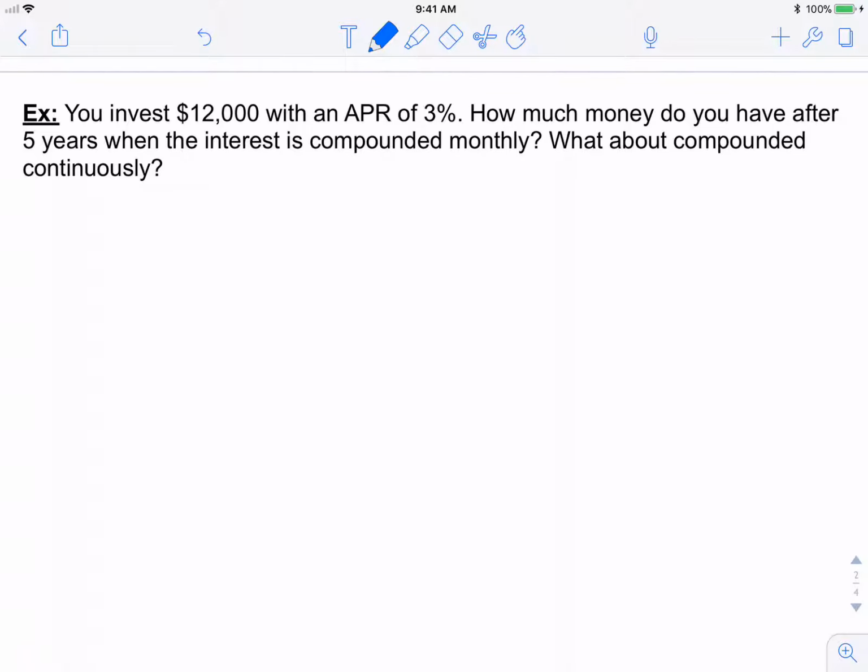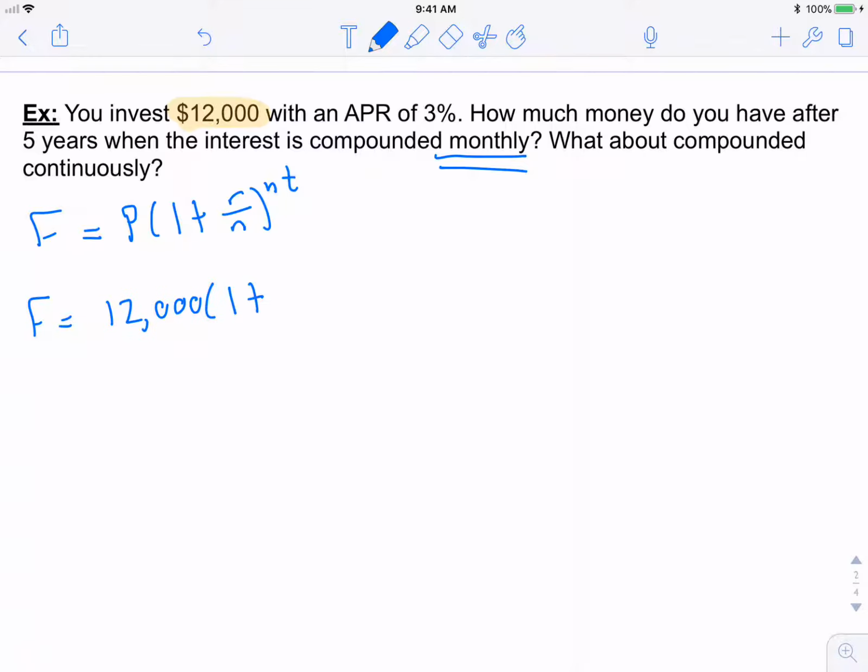For a finite number of compoundings per year, for example monthly, our formula is F is equal to P times 1 plus r over n, to the power nt. We invest $12,000, so this is our principal, times 1 plus our annual percentage rate, 3%, which is 0.03, divided by the number of times compounded per year.